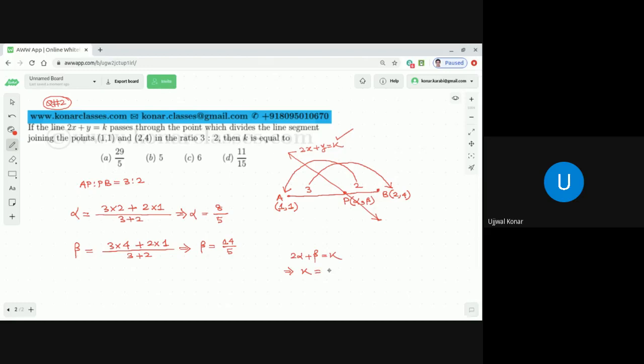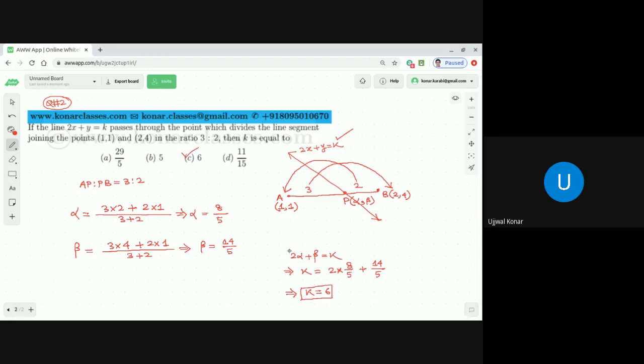So 2 into alpha, that is 2 into 8 by 5, plus beta, which is 14 by 5. From here we get the value of k is equal to 6, and eventually we get the correct option as C.